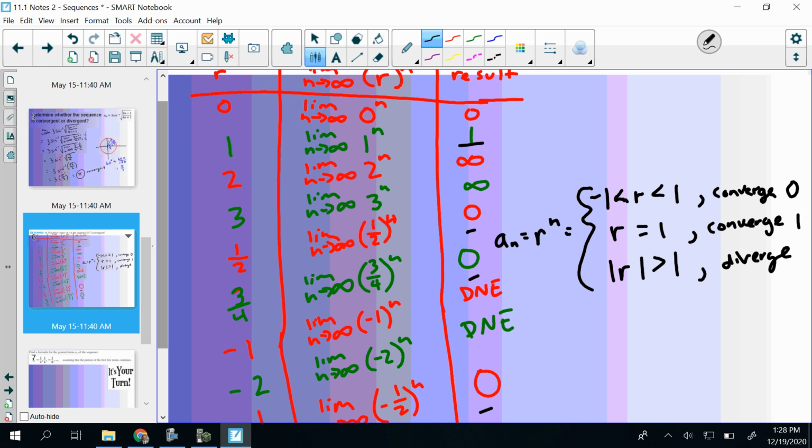It's going to diverge. So for any of these ones where you have something to a power of n, if it's 1, of course, it's just going to be 1. If it's any fraction that's less than 1, whether positive or negative, it should converge to 0. If that number is any number bigger than 1, whether positive or negative, then it's going to diverge.